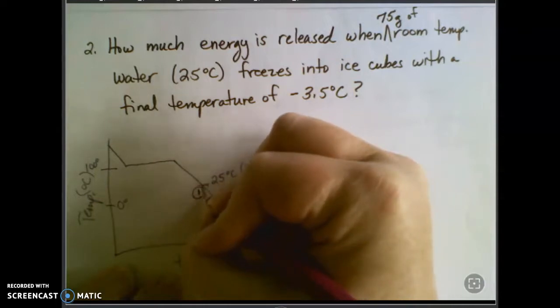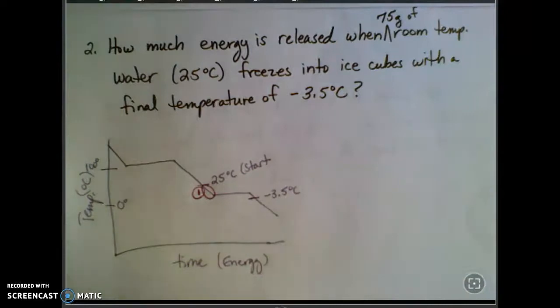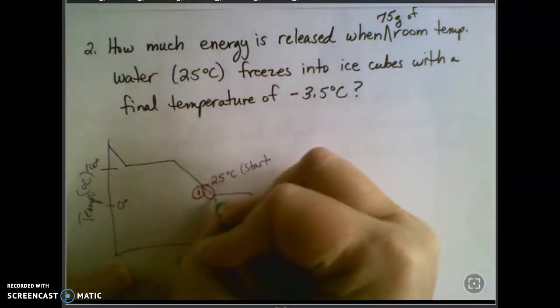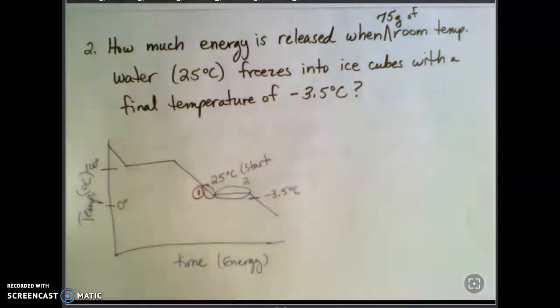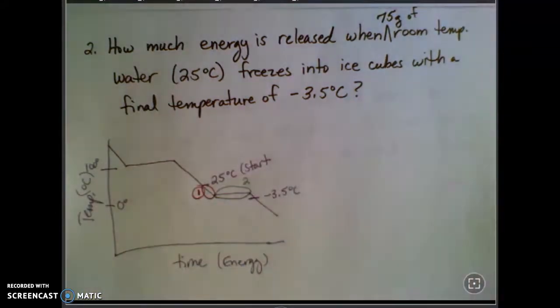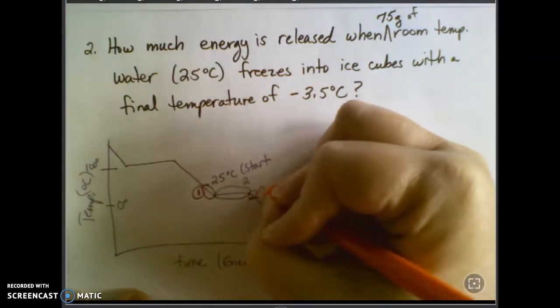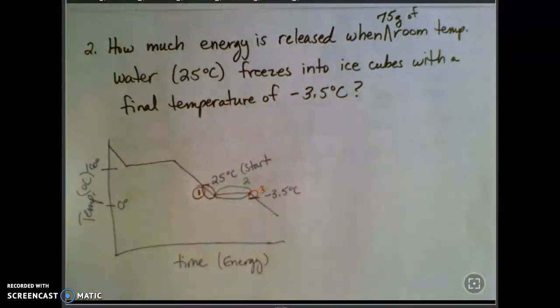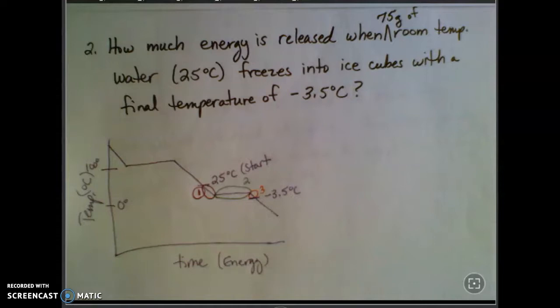So I've got one section of the curve here. I have a second section here. And then I've got a little bitty third section here. So I've got 3 calculations that I have to do, and then I just add them together. I just combine the 3 to get my final answer.